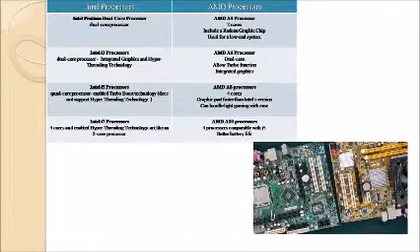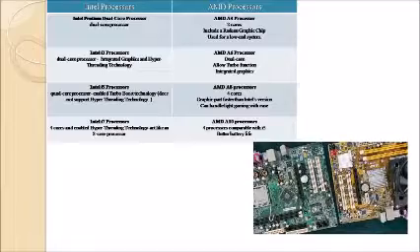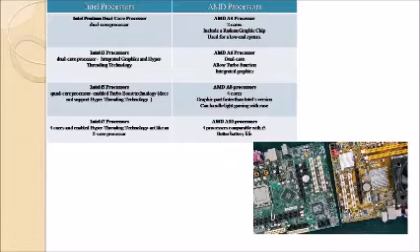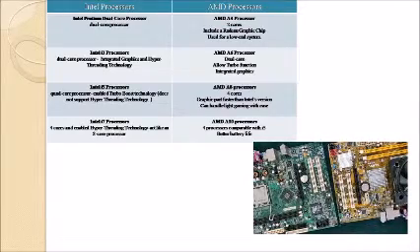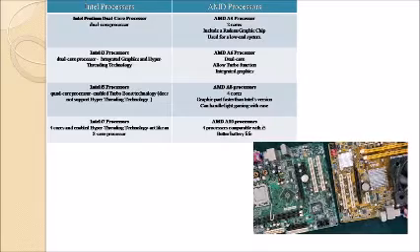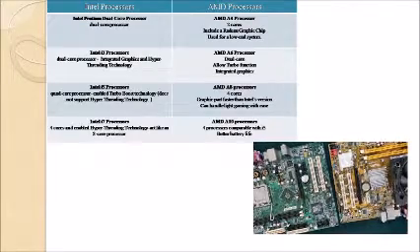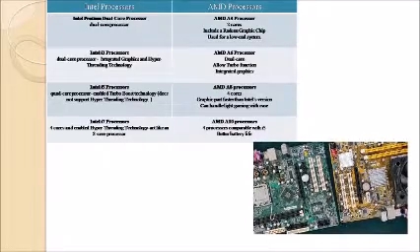First one, Intel Pentium dual core processor has got dual core processing techniques. i3 processor has also dual core, but it is integrated with graphics and hyper threading technology. Whereas Intel i5 processor, it is a quad core processor.